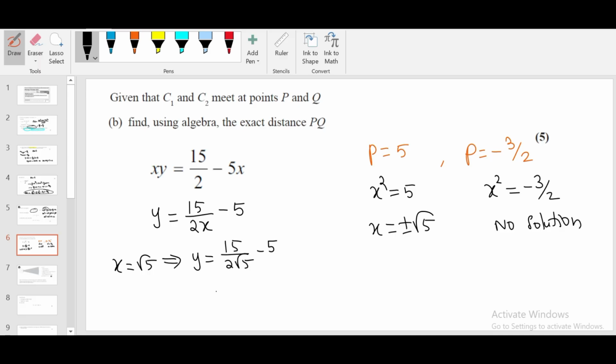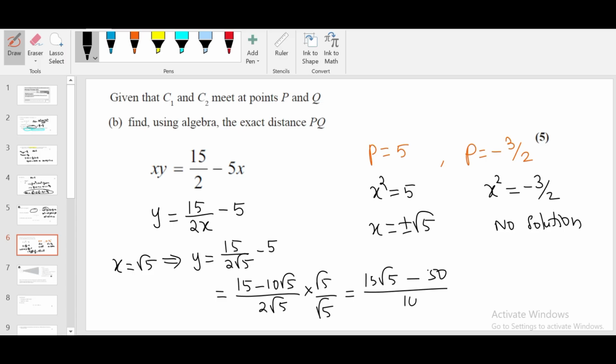Rationalize the denominator. Maybe you can combine it first: (15 - 10 root 5)/(2 root 5). Rationalize the denominator. It's up to you how you want to find the value of y, but you cannot have a surd in the denominator. So you will get 15 root 5 - 10 root 5 times root 5 is 50, divided by 10.